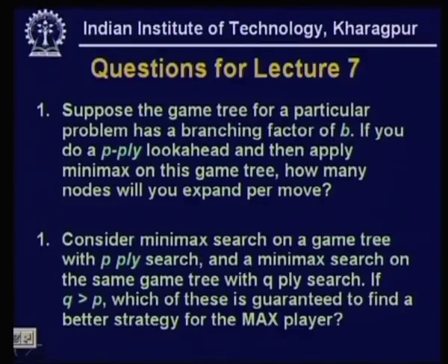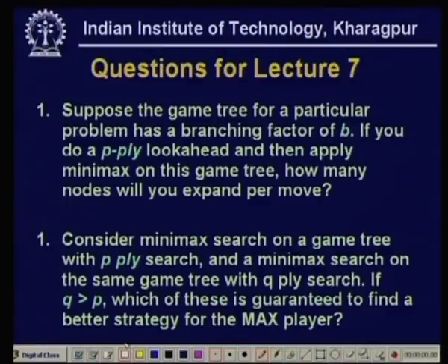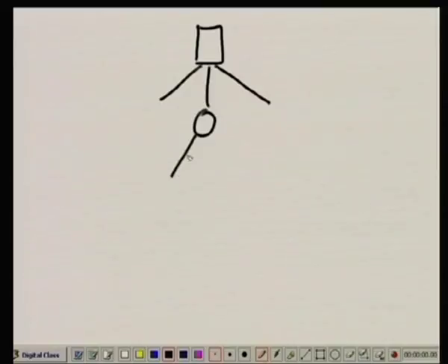Question number 1 for lecture 7 was, suppose the game tree for a particular problem has a branching factor of b. If you do a p-ply look ahead and then apply minimax on this game tree, how many nodes will you expand per move? So, this is actually quite easy. You have a tree whose branching factor is b, and the tree is to the depth of p-ply.